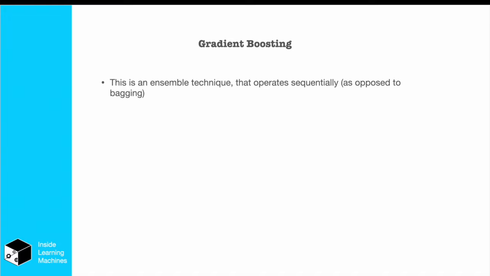So the key thing to keep in mind here is that it's an ensemble technique that operates sequentially. In this scenario, we have a collection of very simple machine learning models, and we group all of these together. We have them work together to produce a net estimator that functions quite well.